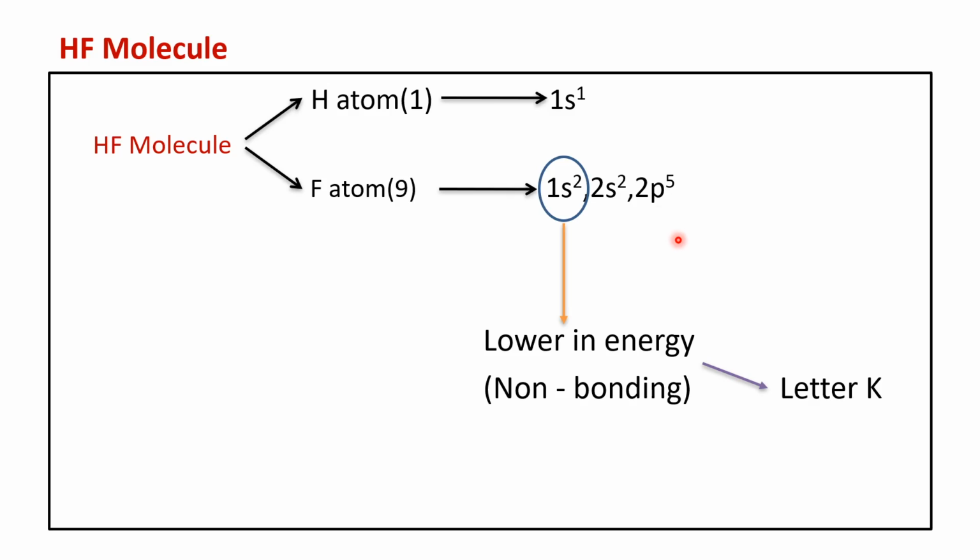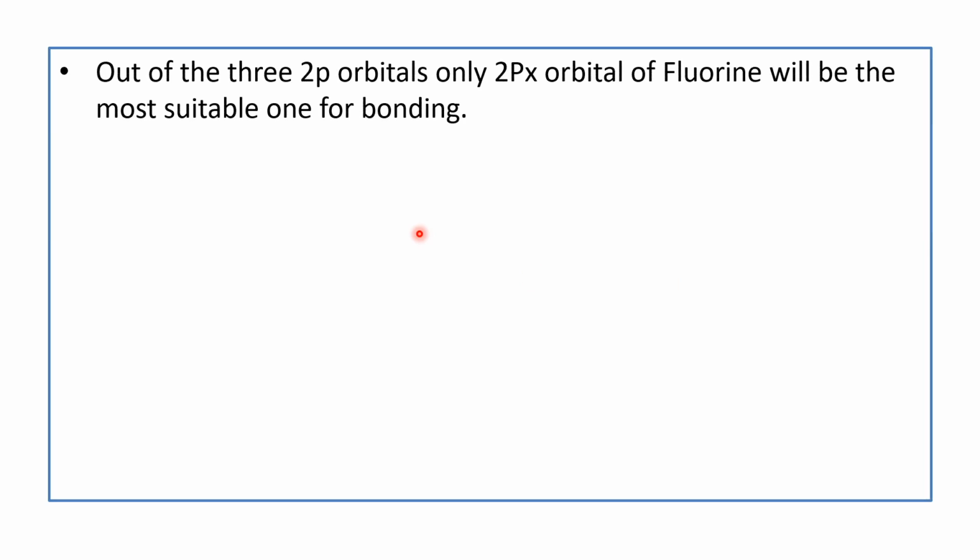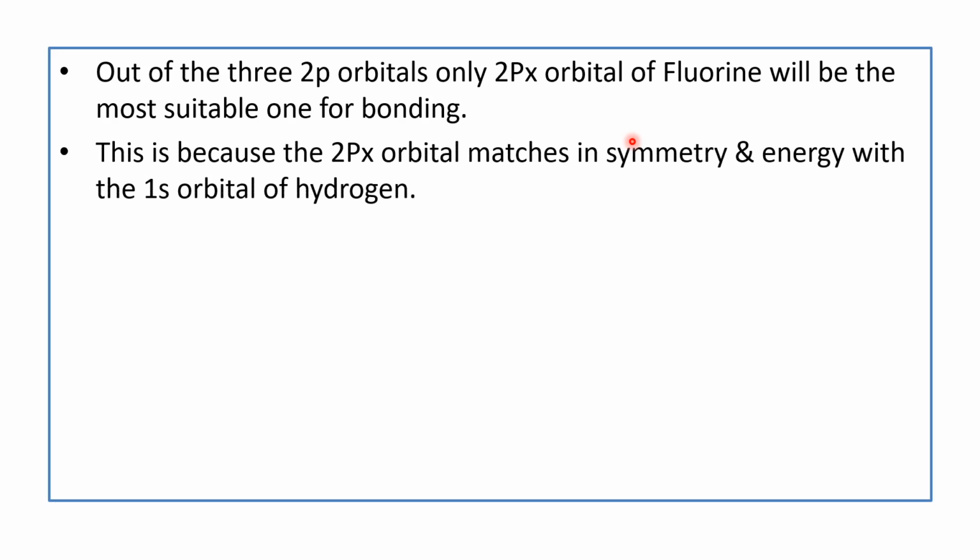We know that there are three 2p orbitals: 2px, 2py and 2pz. Out of these, only the 2px orbital of fluorine will be the most suitable one for bonding. Why? This is because the 2px orbital matches in symmetry as well as in energy with the 1s orbital of hydrogen. So let's see how it happens.